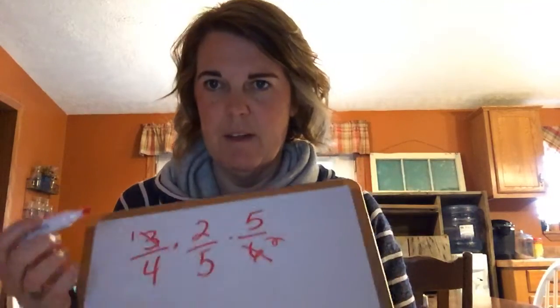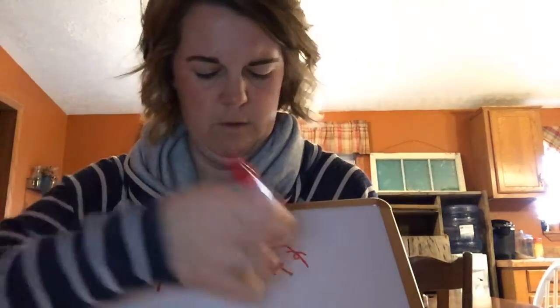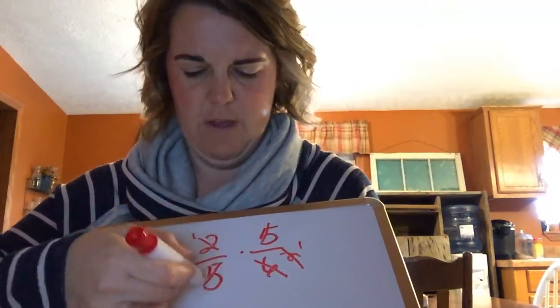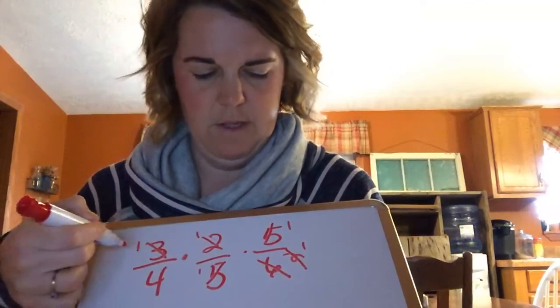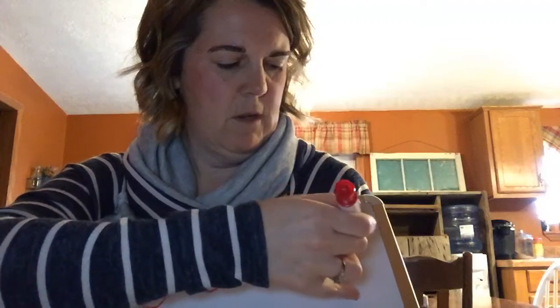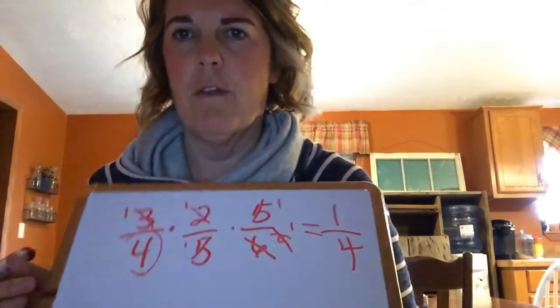Upside down writing is not my thing, you all know that. Well, like this 2 and this 2 can go, and that's a 1 and that's a 1. This 5 and this 5, and that's a 1 and that's a 1. So that really just leaves us with this 4. So we really end up with 1/4, right?